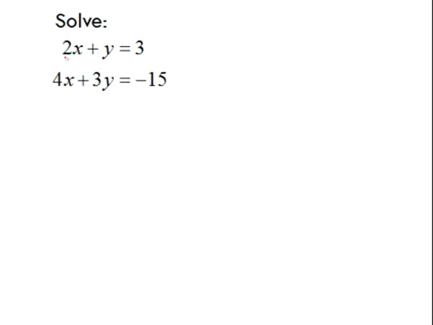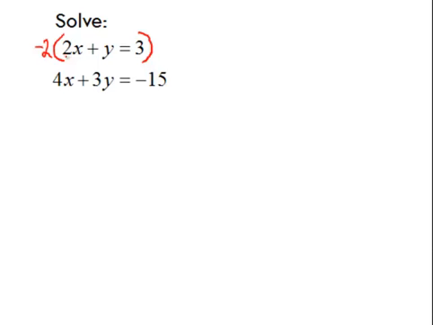So if I look at the x's, and I think back to common denominators from adding fractions, if I can make both of these, say, fourths, or both of them have a multiplier of 4, then I'm close. If I can make this a negative 4x, and this a positive 4x, then I'll have opposites. And the multiplier that would allow that to happen is if I took this top equation and multiplied it by a negative 2.